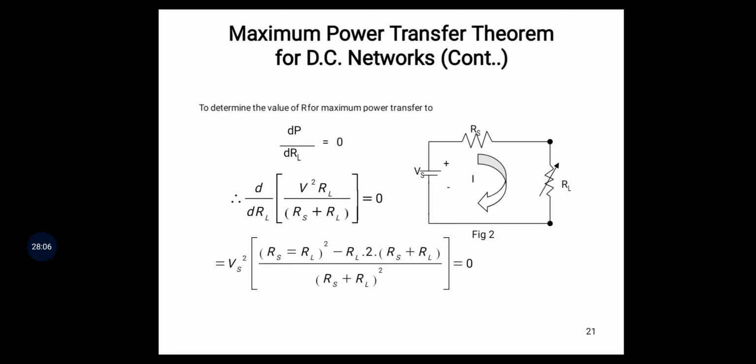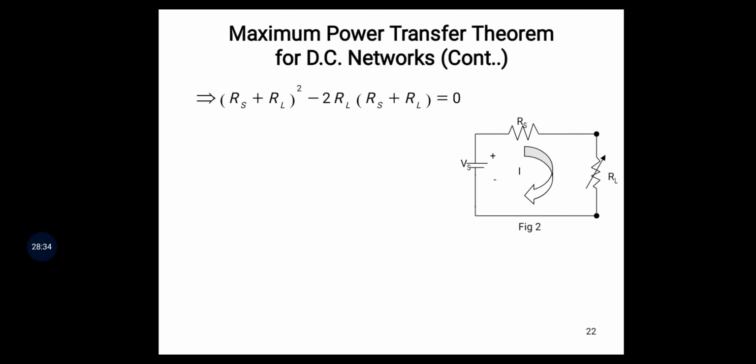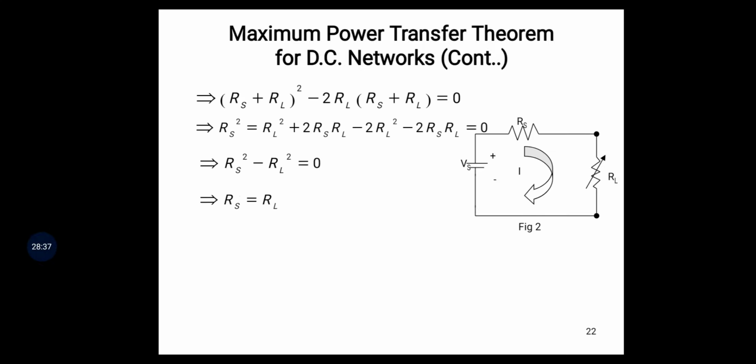To determine the value of RL for maximum power, dP by dRL equals 0, that is d by dRL of Vs square RL by (Rs plus RL) whole square equals 0. Here we use the U by V method: the derivative of U by V is (V U dash minus U V dash) by V square. When we do the differentiation, we finally get Rs equal to RL.